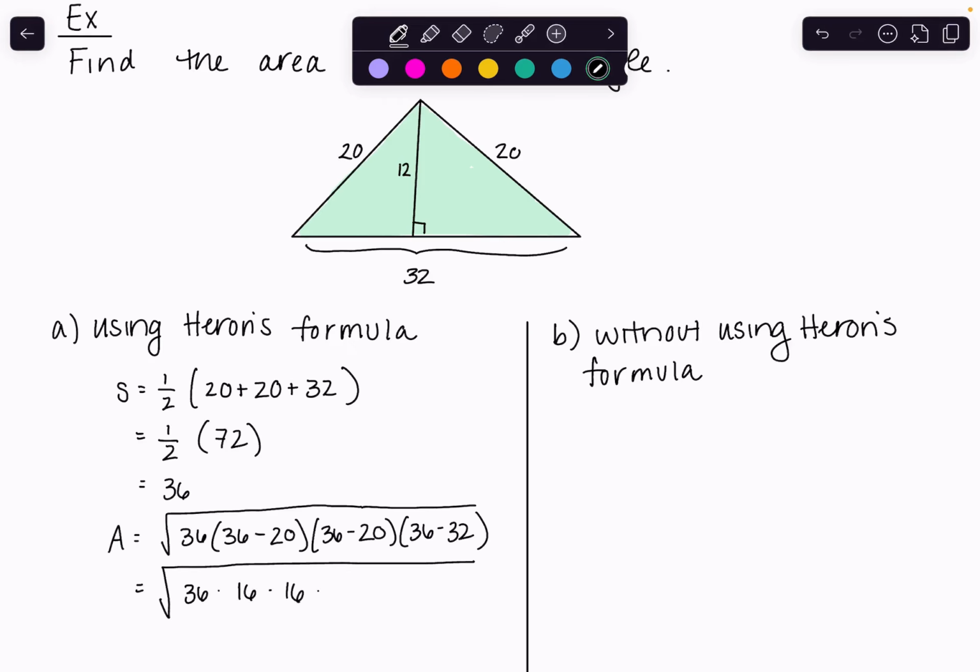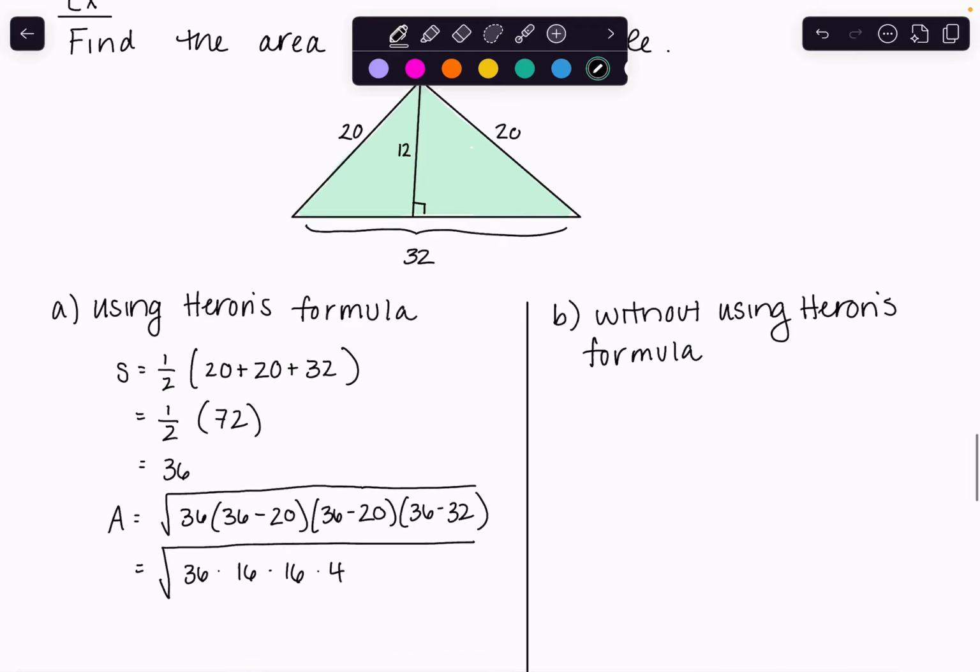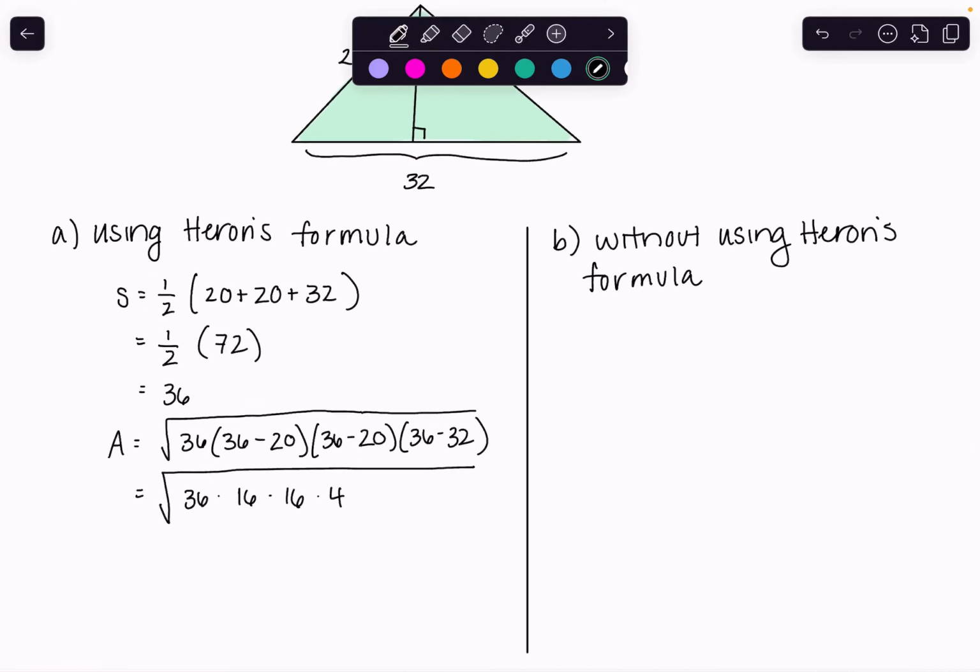Then we get another 16, and then we get a 4. And these are all perfect squares, and they're being multiplied, so you can take the square root of each. Square root of 36 is 6. Square root of 16 is 4, another 4, and then square root of 4 is 2. So if you go ahead and multiply all of these out, you should get 192. So that is our area.